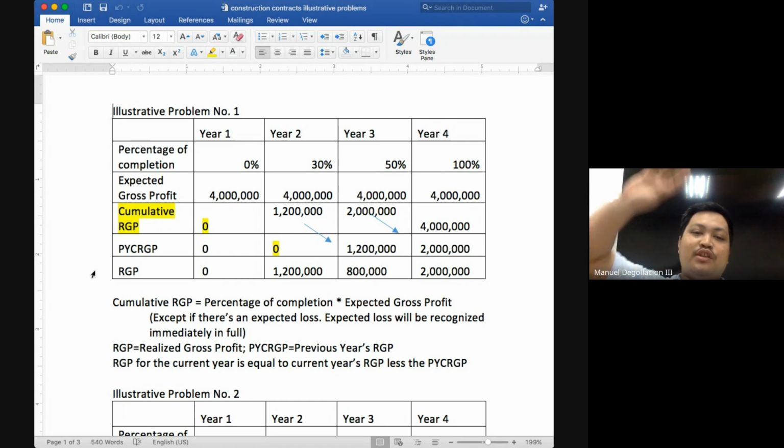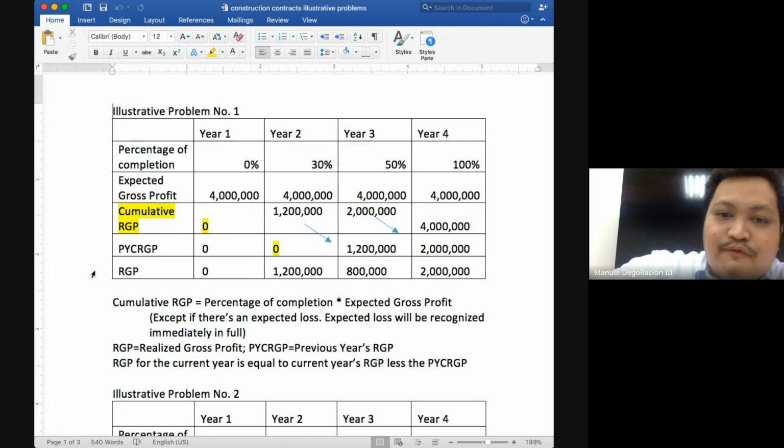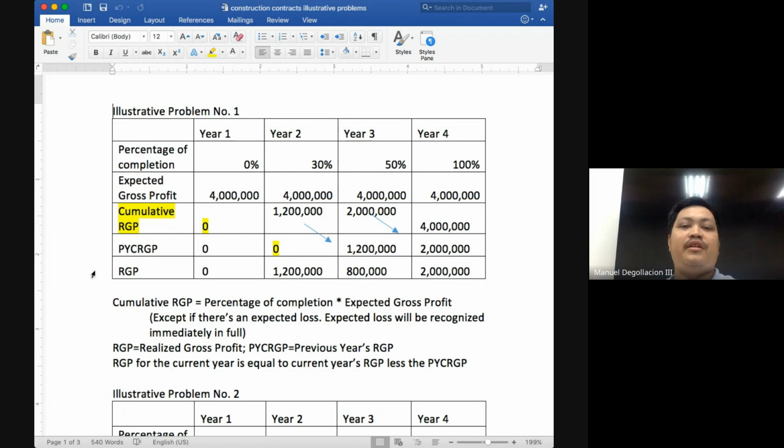How much is the total profit from the contract? It will be 4 million. How much have you earned? The answer depends on how much you have accomplished. And how much have you accomplished? You have already accomplished 50%. So out of the total profit from the contract of 4 million, you can say that you have already earned 2 million.